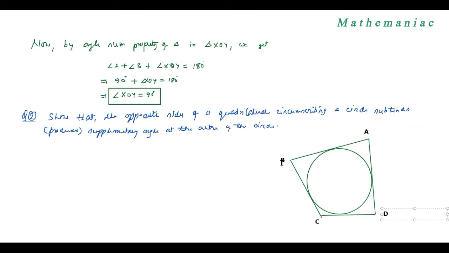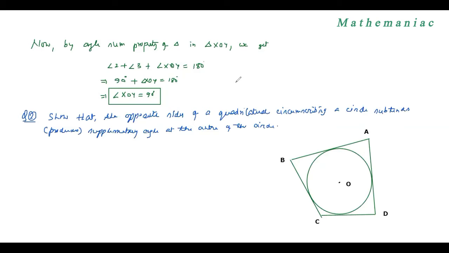So ABCD is a quadrilateral which is circumscribing a circle whose center is at O. So let me name the center as O. And then circumscribing, the meaning is what? That the sides of the quadrilateral must touch the circle at 4 different points.